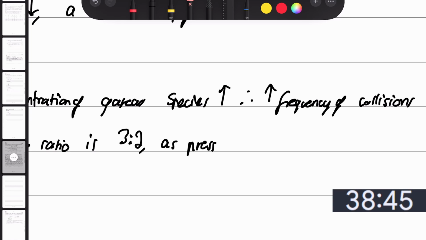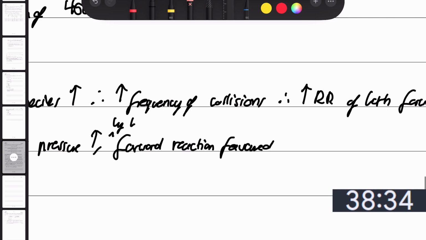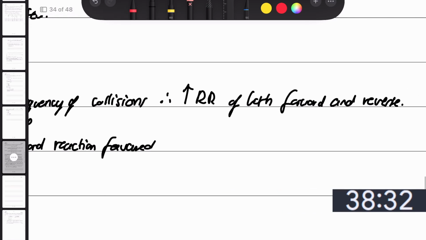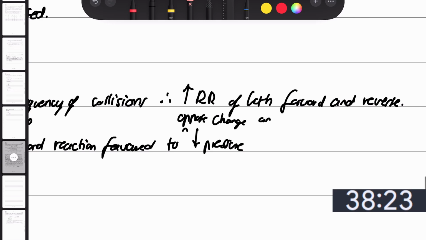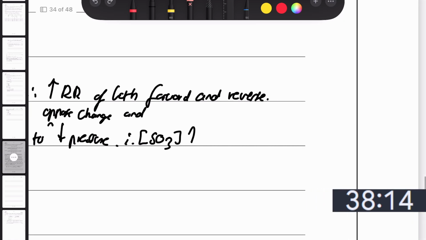As pressure increases, forward reaction is favored, say by LCP, forward reaction favored to decrease pressure, to oppose change, and therefore concentration of SO3 will increase, so yield increases.